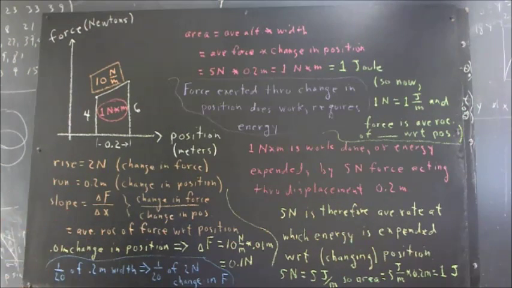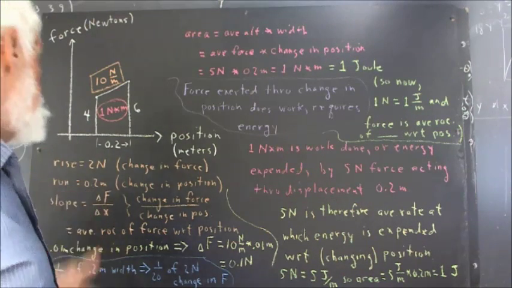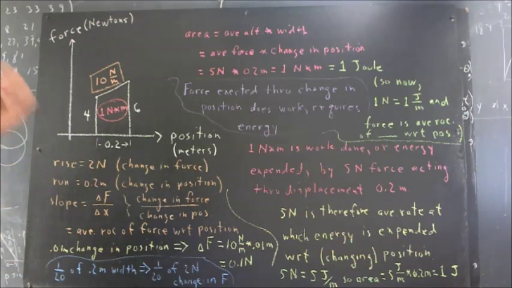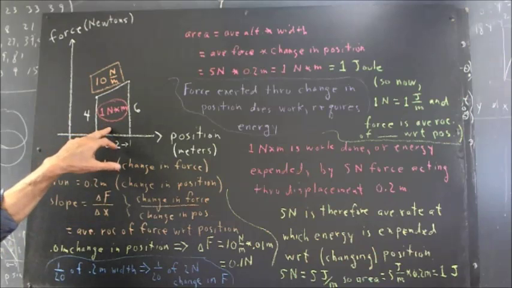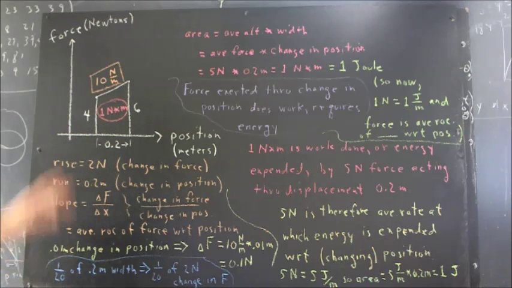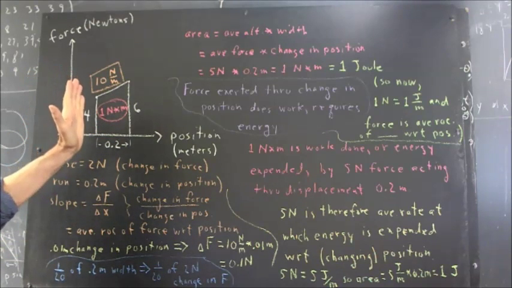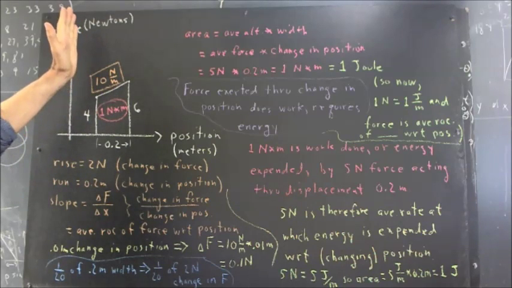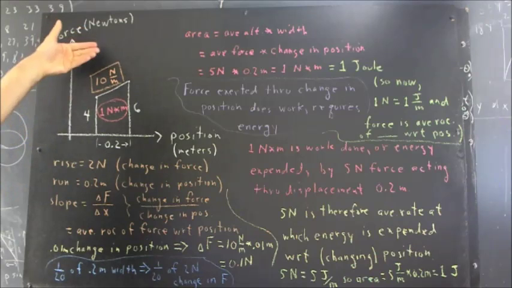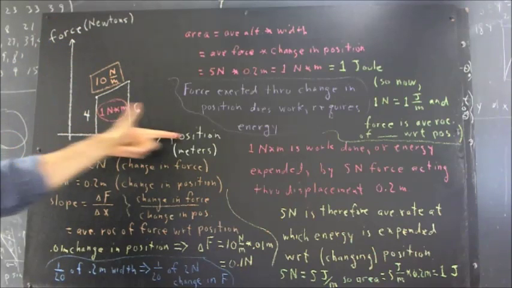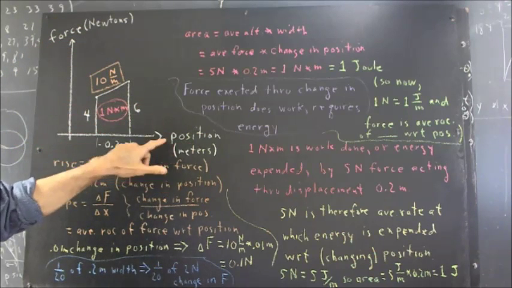Now, if you're seeing these videos in sequence, you know that we have already said that in general this quantity is going to have a meaningful interpretation provided this quantity is a rate of change of some other quantity. That is, our force in this case would be the rate of change of some other quantity with respect to the quantity measured in this direction.